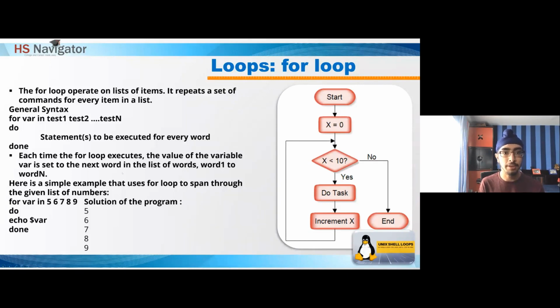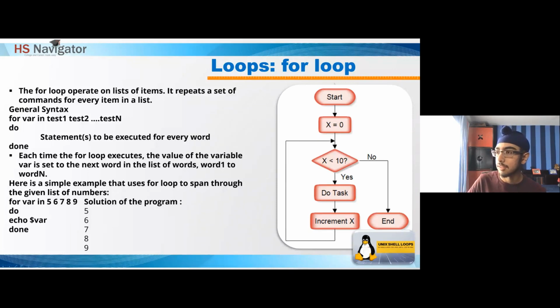The first one in the list is 5, so echo 5. Then it automatically moves to the next item, 6, echo 6. Move on to 7, echo 7, move on to 8, echo 8, move on to 9, echo 9. Then there are no more items in the list, the loop is done. And that's basically how it works.